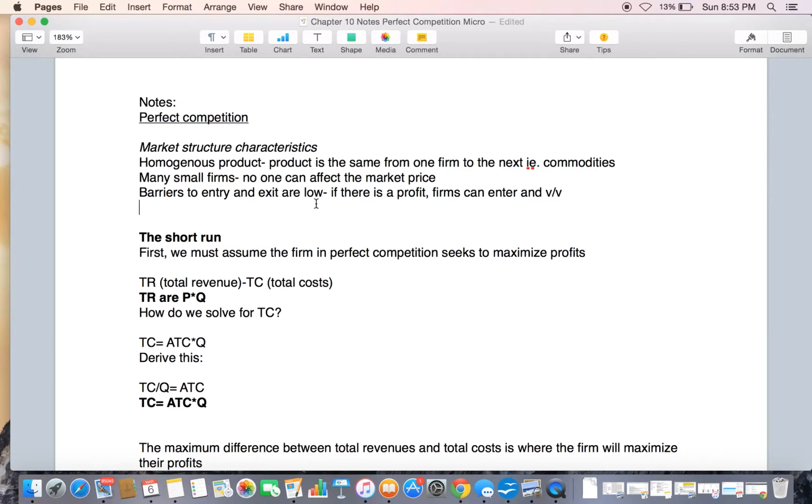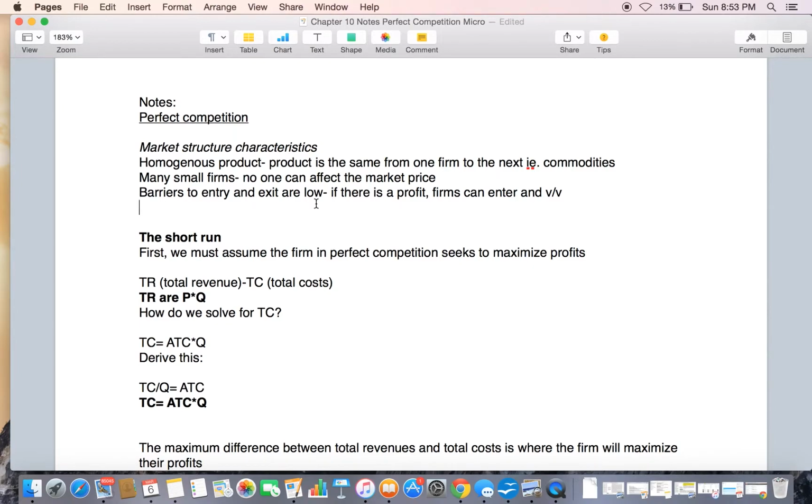And also there might not be huge human capital barriers to entry, such as having some sort of specific education. So what we see when the barriers to entry and exit are low is that if there is an economic profit, it's easy for firms to enter into the market, and if there are economic losses, it's very easy for firms to decide to just leave the market that they're producing in, say producing sugar.